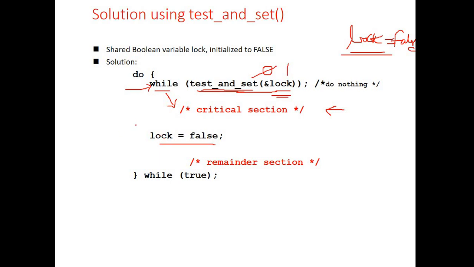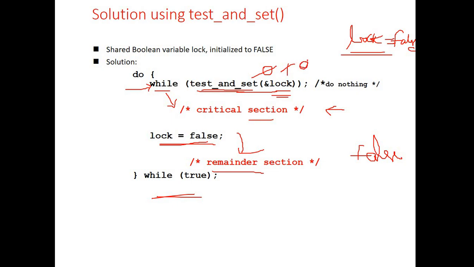When the previous process P1 completes its execution in the critical section, it changes the lock variable value to false, comes out of the critical section and enters into the remainder section. Then process P2, which is held in this while loop waiting for its termination, sees that the value of the lock variable has now become 0.